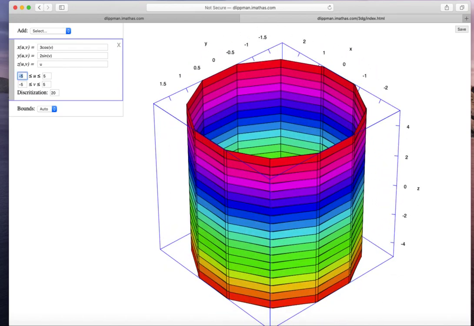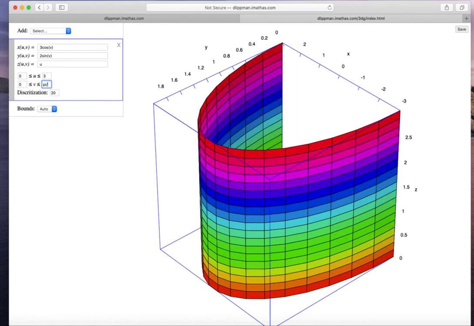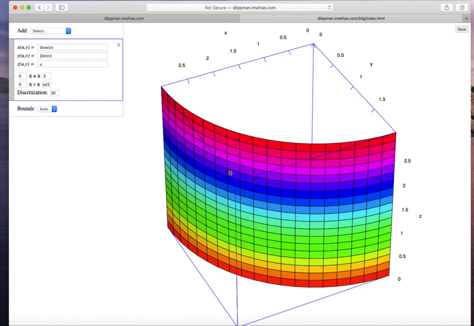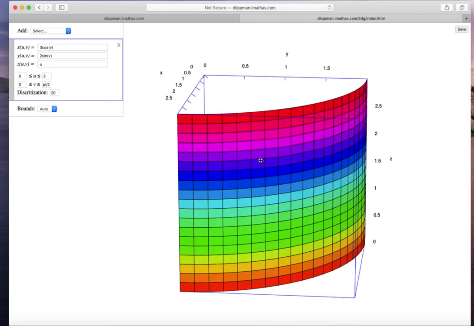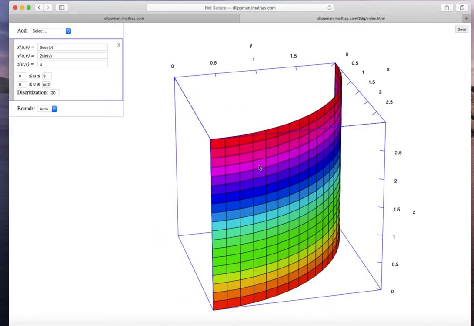So I've got to put my restrictions on. So u is only allowed to go from 0 to 3, and then v is only allowed to go from 0 to pi over 2. And there's where I get my quarter of the cylinder here instead of the whole thing.